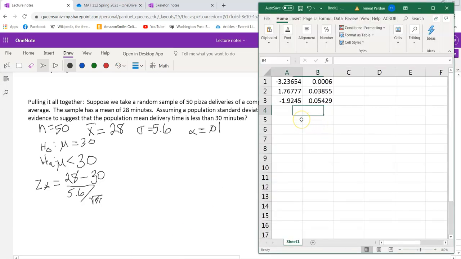I'm going to type this into Excel. So 28 minus 30 over 5.6 over the square root of 50. We get negative 2.5254.